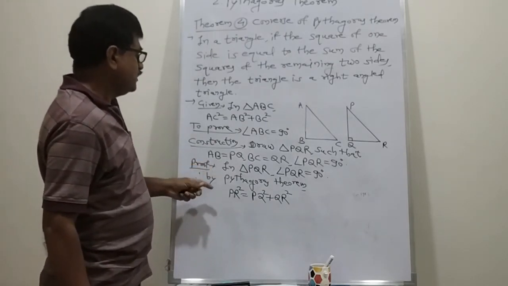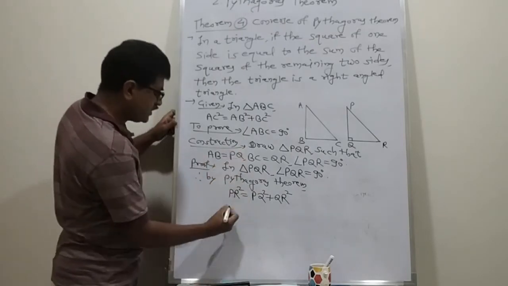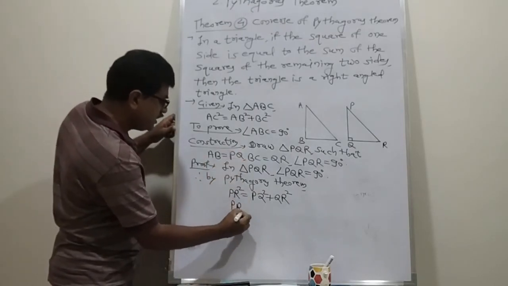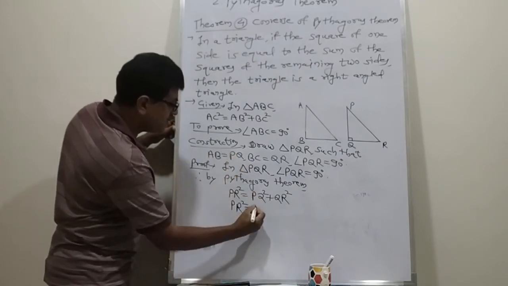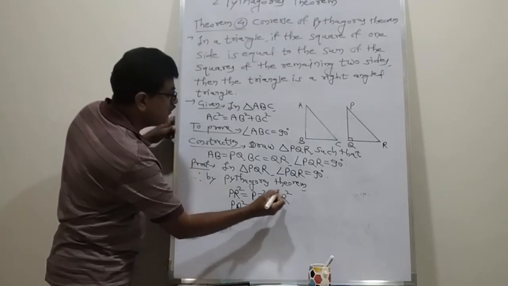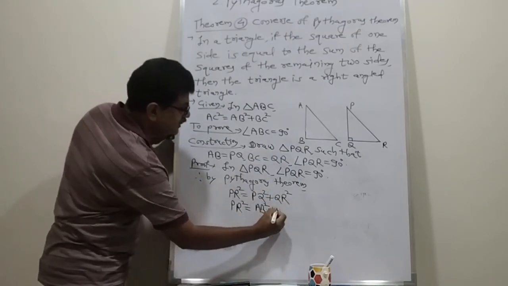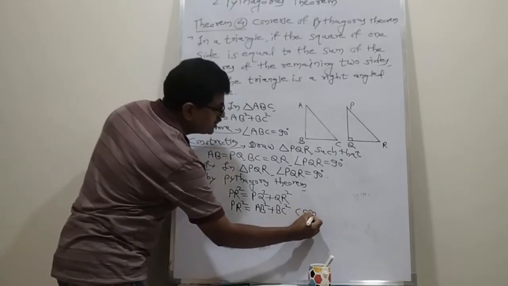Now put the values we have from the construction. PR square is equal to, instead of PQ, write AB square plus, the value of QR, BC square.